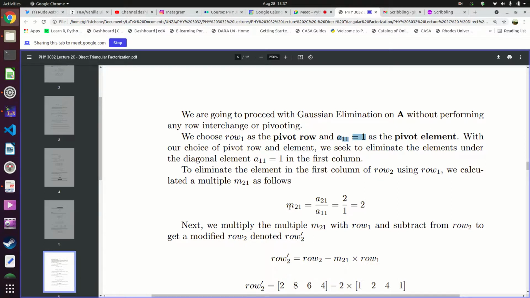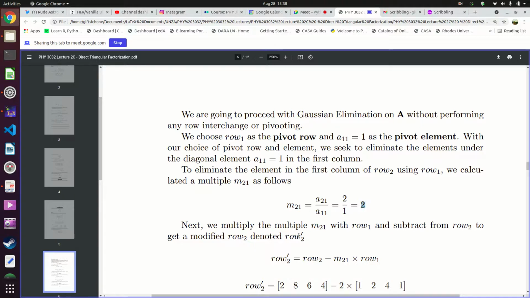So the first multiplier you're going to work out is M21, where we're trying to eliminate things in the second row using row number 1. That's going to be A21 divided by A11, that's 2 divided by 1, which gives you a 2. So your multiplier is going to be 2. This multiplier is what you're going to put in your lower triangular matrix at that position, M21. Are we clear? So already, one of the things you need to use in your lower triangular matrix has popped up here.